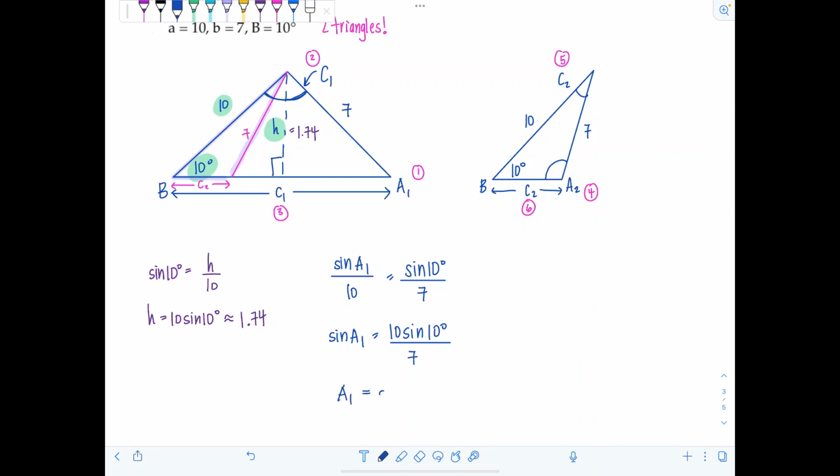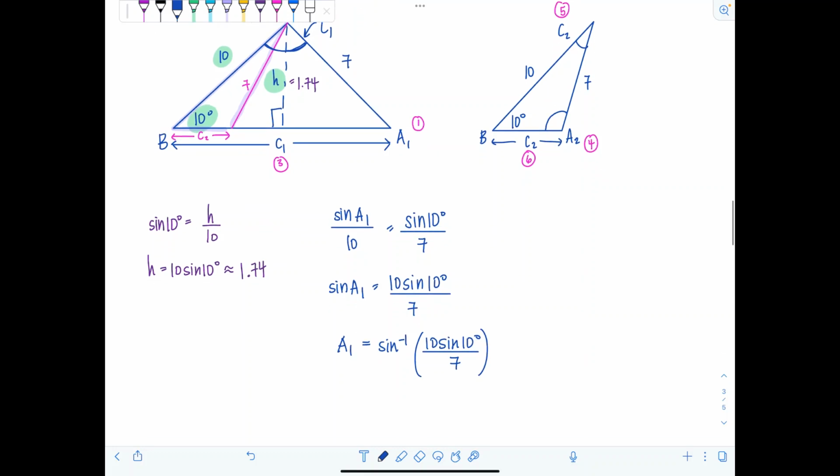So A1 is sine inverse of 10 sine 10 over 7. Let's see what that comes out to. Sine inverse of 10 sine 10 divided by 7, 14.36 degrees. Okay.